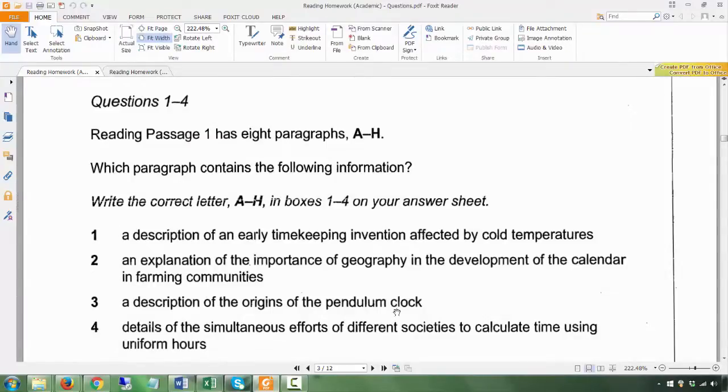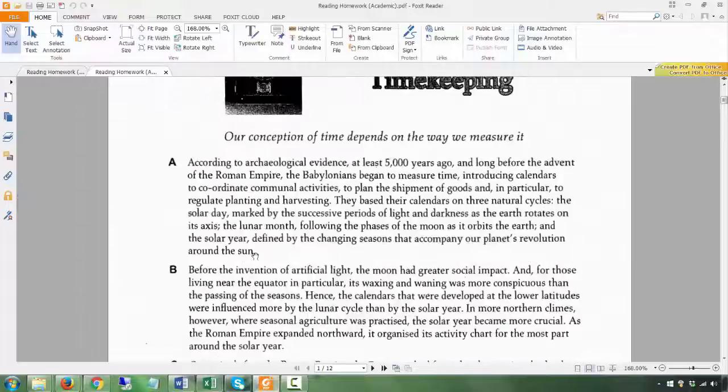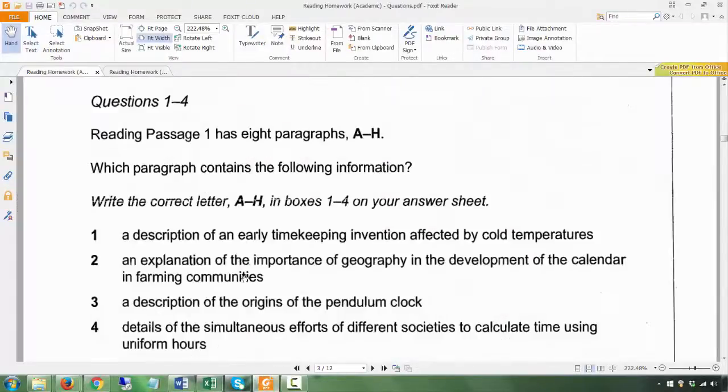So 1 is D. 2, an explanation of the importance of geography in the development of the calendar in farming communities. This will be in B. An explanation of the importance of geography. So geography has a part to play in the development of the calendar in farming communities. So farming communities, geography, I think these are two key points that you want to look out for.